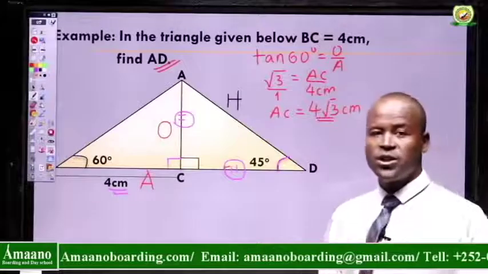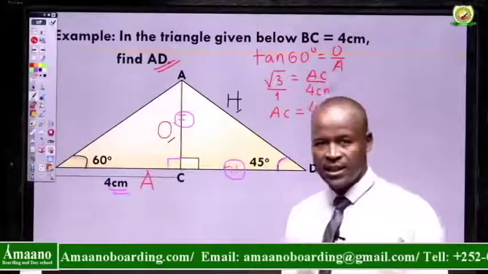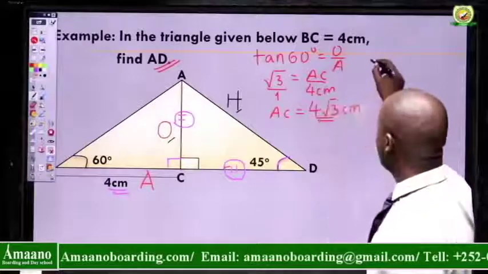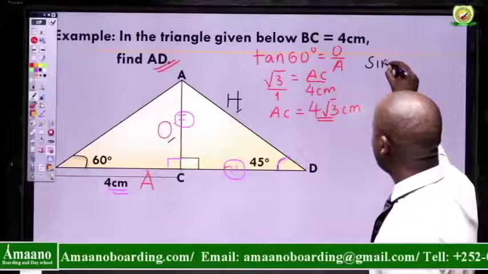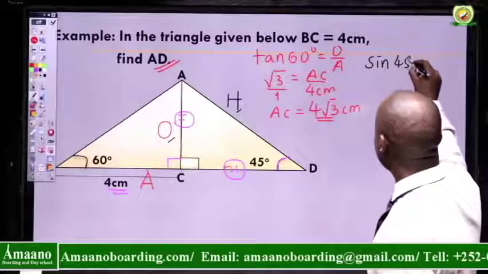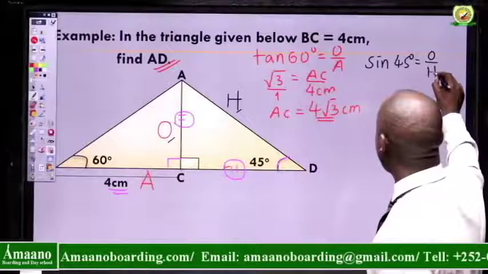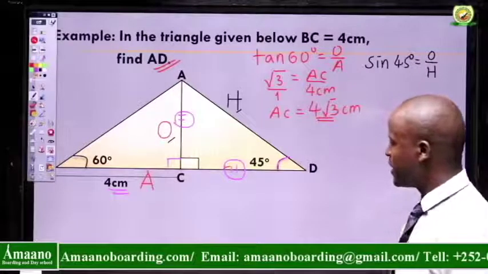Now, which trigonometric ratio uses opposite and hypotenuse? It is sine. So sine of which angle? Sine of the angle which is given by 45 degrees is equal to opposite divided by the hypotenuse.